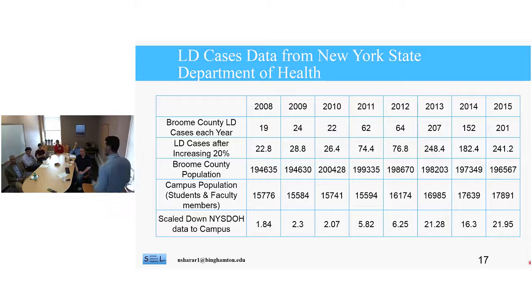The reason that we did that is that first we tried to get the LD cases from the Health Center of Binghamton University, but the reported number was very few, and we realized that most of the students prefer to go to the hospitals instead of the Health Center of the university. So we figured that we have to use the number of LD cases in Broome County and scale that number to Binghamton University campus level.